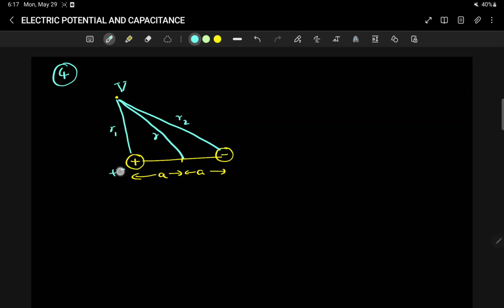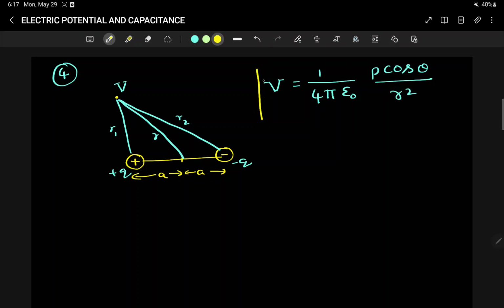Next, what will be the electric potential at this particular point due to this dipole? Here we have a positive charge, here we have a negative charge, the distance between them is 2a. Then the electric potential here is given by V equals 1 over 4 pi epsilon naught, p cos theta divided by r square.